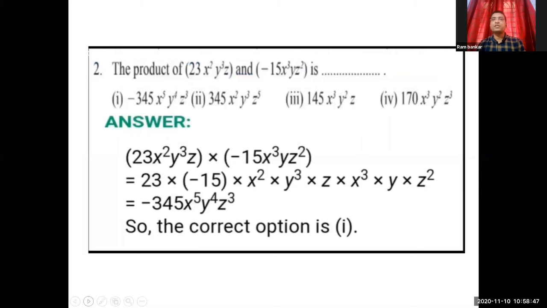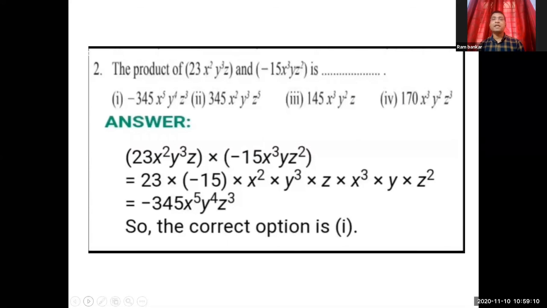The same type of question is there. In the same way we can solve this. Question is there and the answer is also solved there. We have to multiply coefficient with coefficient, 23 into 15, and multiply variable with variable.